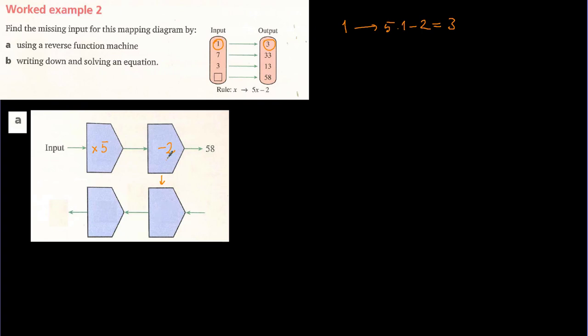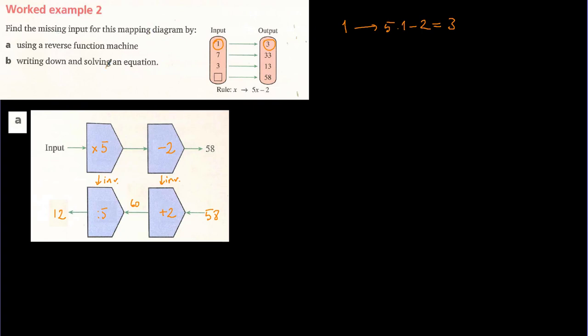Here, minus 2, the inverse of it is plus 2. Then divide by 5, with respect to the inverse of multiplication I am talking. Okay, here we are going to inverse like this. So if we put as an input 58, plus 2, it's going to be equal to 60. 60 divided by 5 is going to be equal to 12. This is the reverse function machine method.